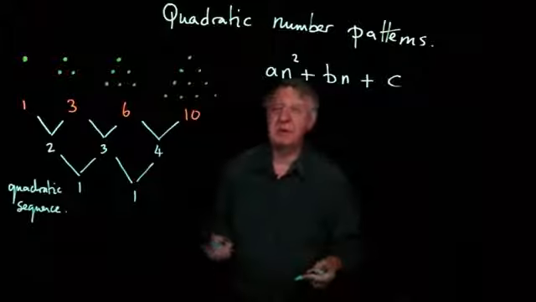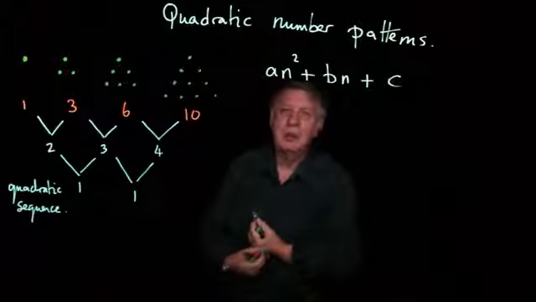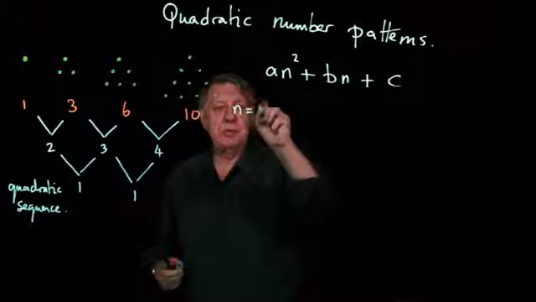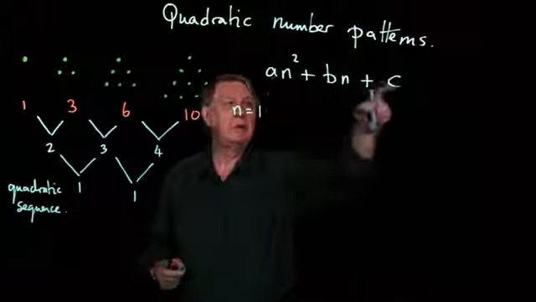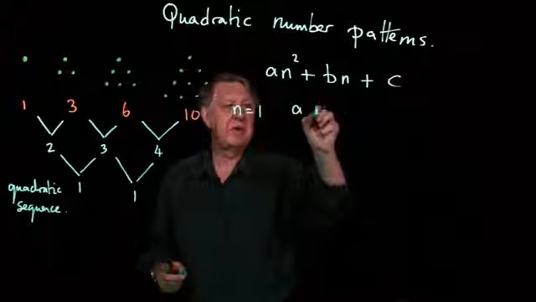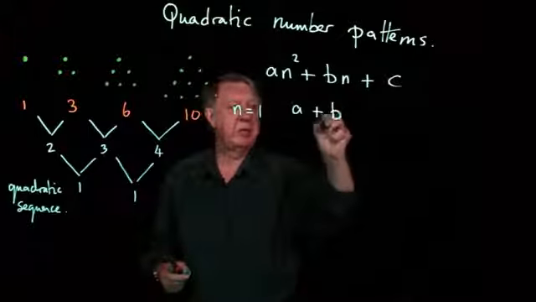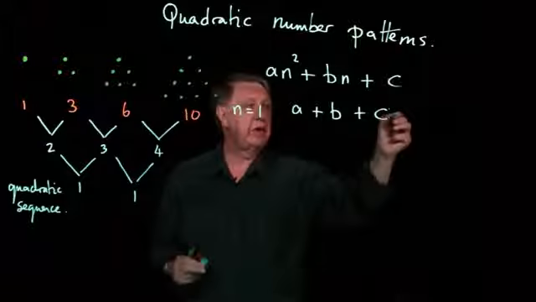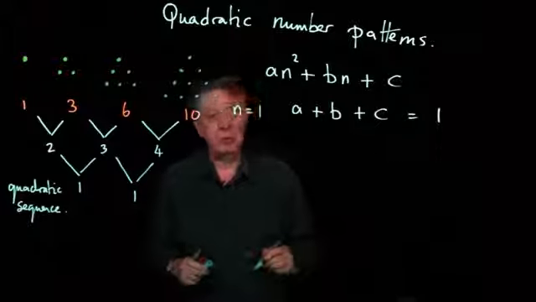So n is the position of the number. Well, I'm going to do a little bit of algebra. So when n is 1 in this formula, a times 1 squared is a, b times 1 is b, plus c. I know what the first number is, it's 1. So that has to equal 1.